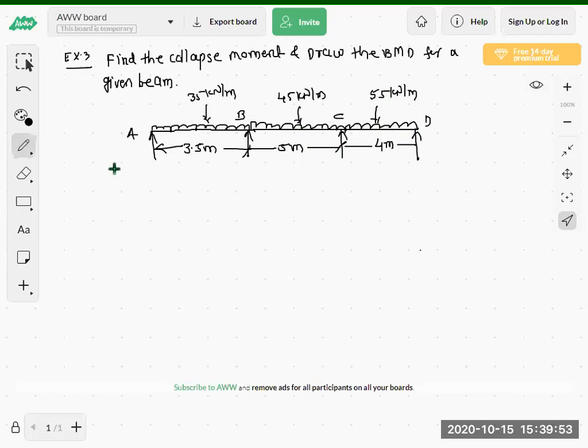Now we have to find the collapse moment, that is MP, and draw the bending moment diagram for this given beam. First consider span AB. For span AB, we have to draw the mechanism.